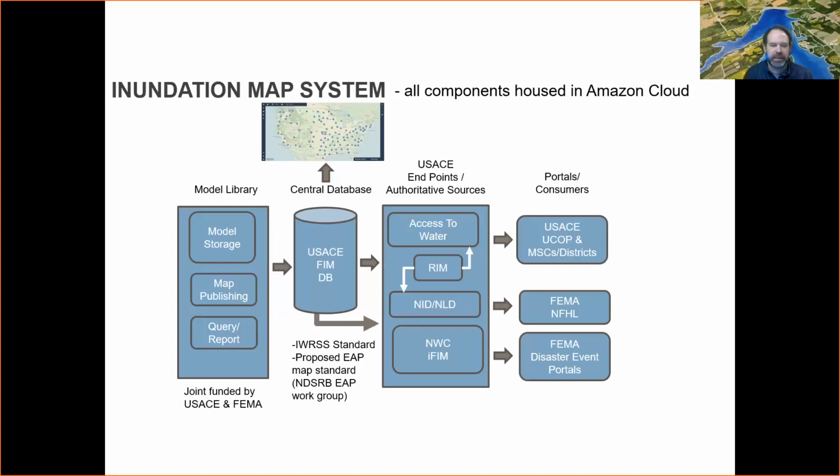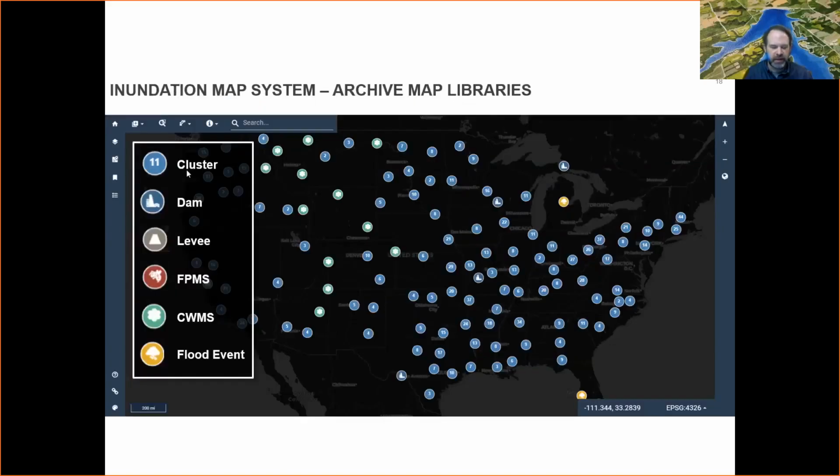So this system that I'm talking about right now that ties all of our inundation map capabilities in the Corps of Engineers together, the National Water Center already has full access to the underlying database and information, and we're talking about how to basically feed the Water Center and honestly the rest of the federal interagency team through that interaction with the National Water Center. So if there's questions that come up about that, I will get into that in the Q&A phase.